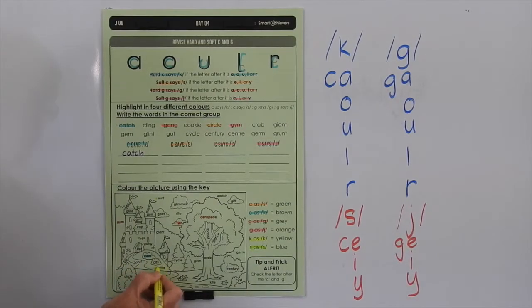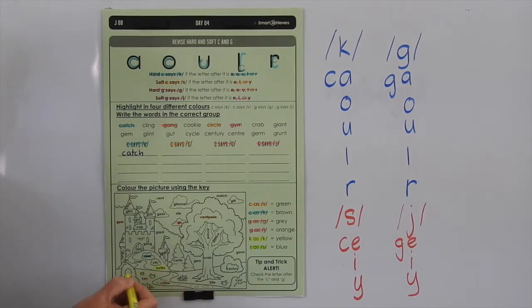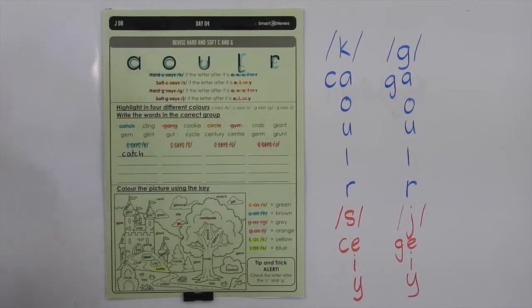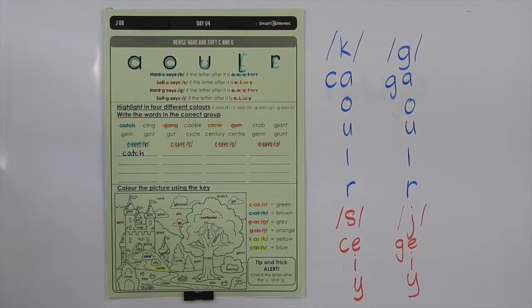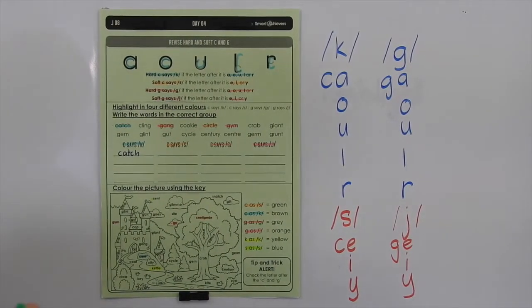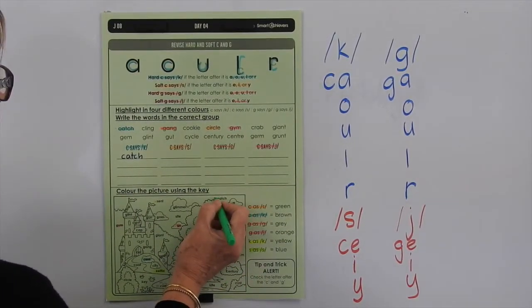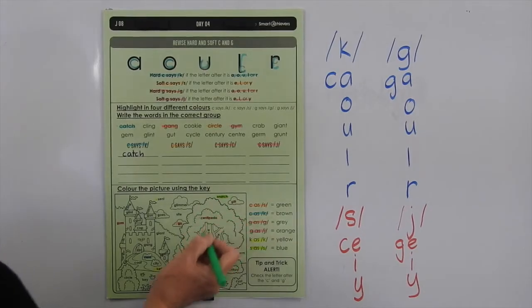So that's how we know to use the K there for kettle. And where S is saying S, we're going to use the green for that one. So see if you can find a word starting with S. There we go, for the S sound.